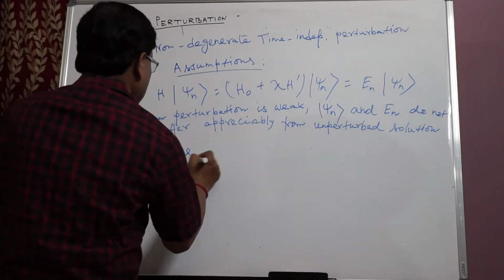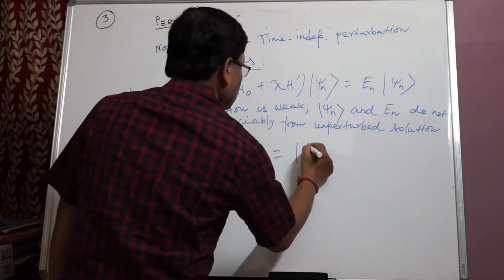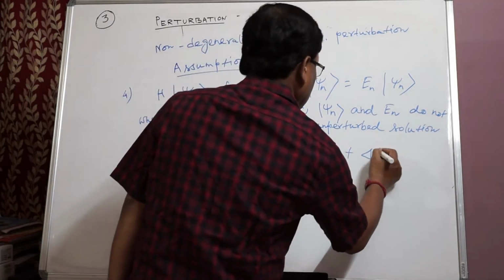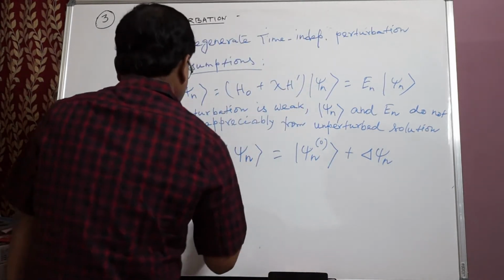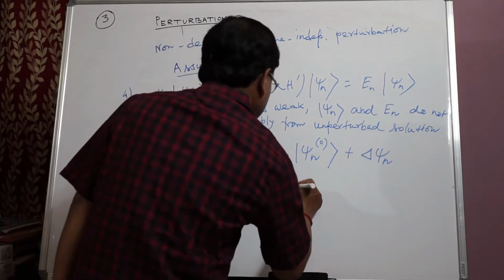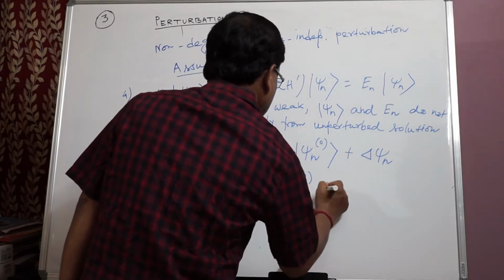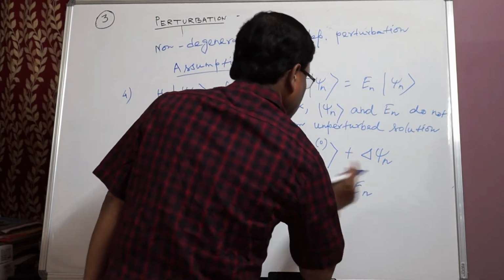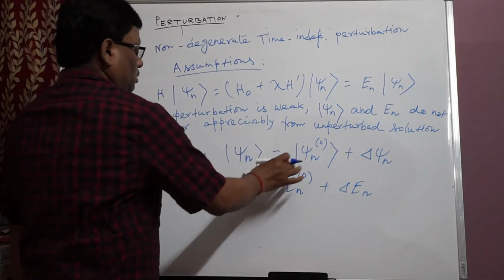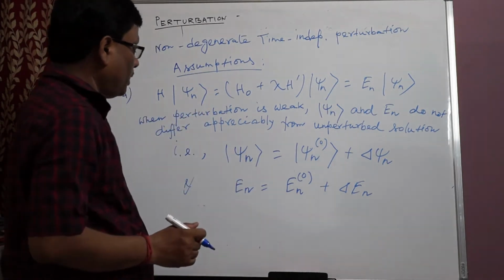That is, psi n equals psi n0 plus del psi n, and En equals En0 plus del En. Here del psi n gives the corrections to psi n0 to get the perturbed wave function.